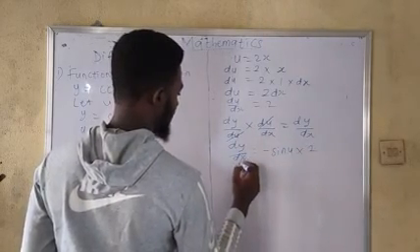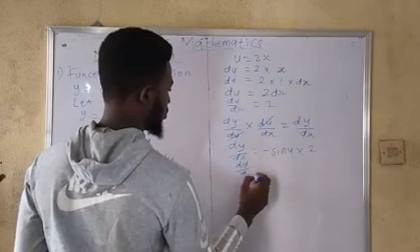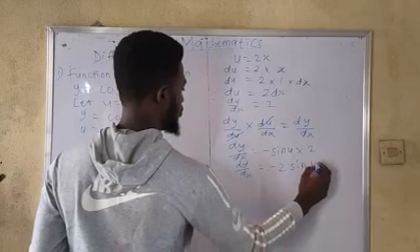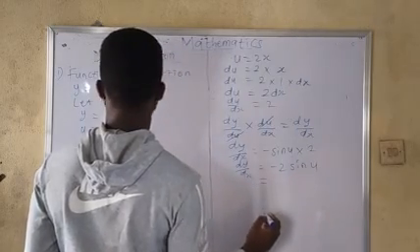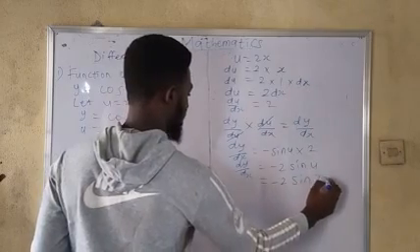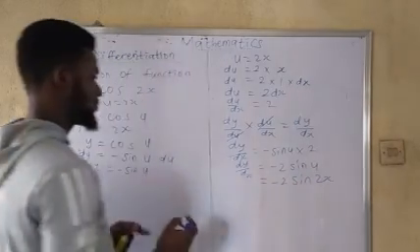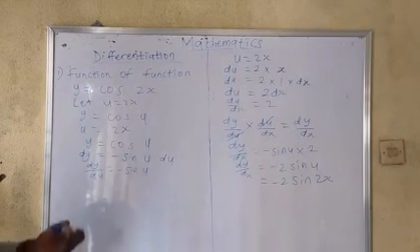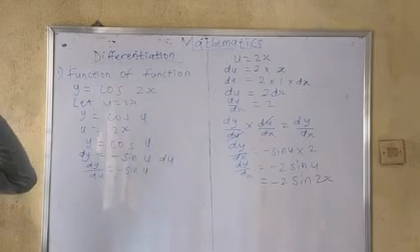So we have dy/dx equals minus 2 sine u. And we know that u is 2x. So we have minus 2 sine 2x. So this is the first rule. This is what we call the function of function rule.